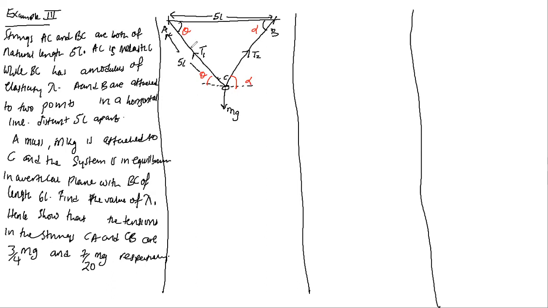Now they said the system is in equilibrium with the BC of length 6L. Now the length of this one has become 6L. But it was originally also 5L. So the extension shall be 6L minus 5L. So the extension is actually L.